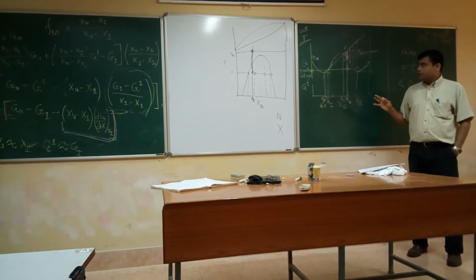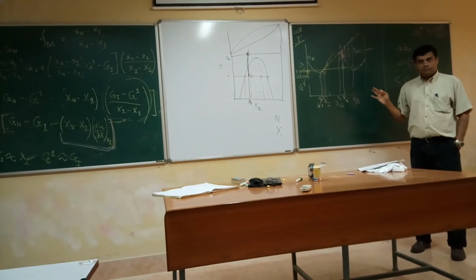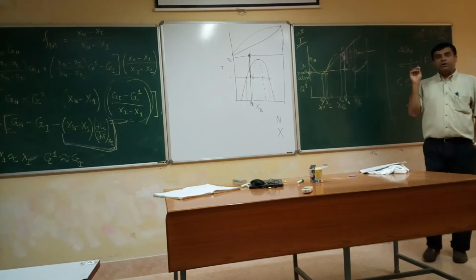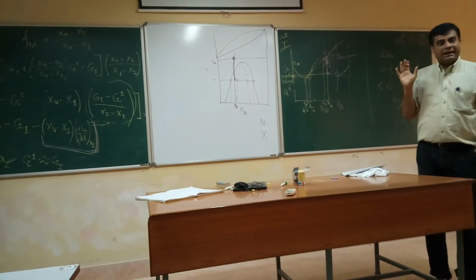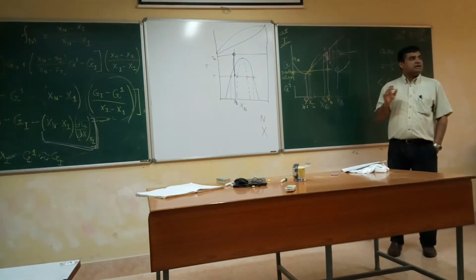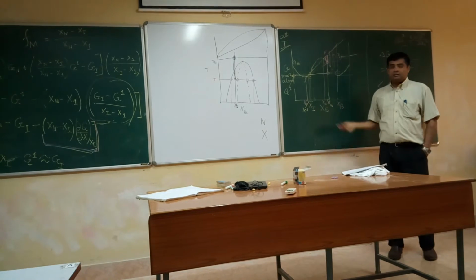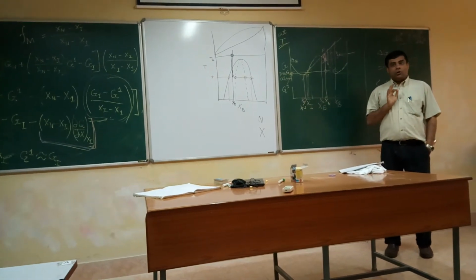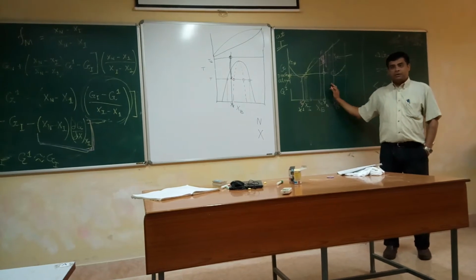Below xc it cannot form. Even though an embryo is forming with a size above R star, if it is below xc composition, then it won't form. So above xc it can form.